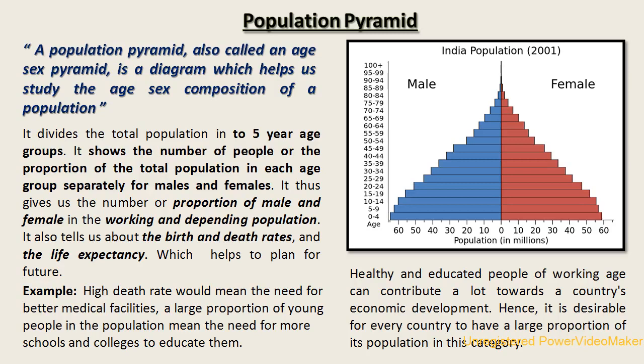Suppose 10 to 14: females are 59 million and males are 55 million. Then you just add these two numbers, and you will get the total number of people in that particular age group. It thus gives the number or proportion of male and female in the working and dependent population.